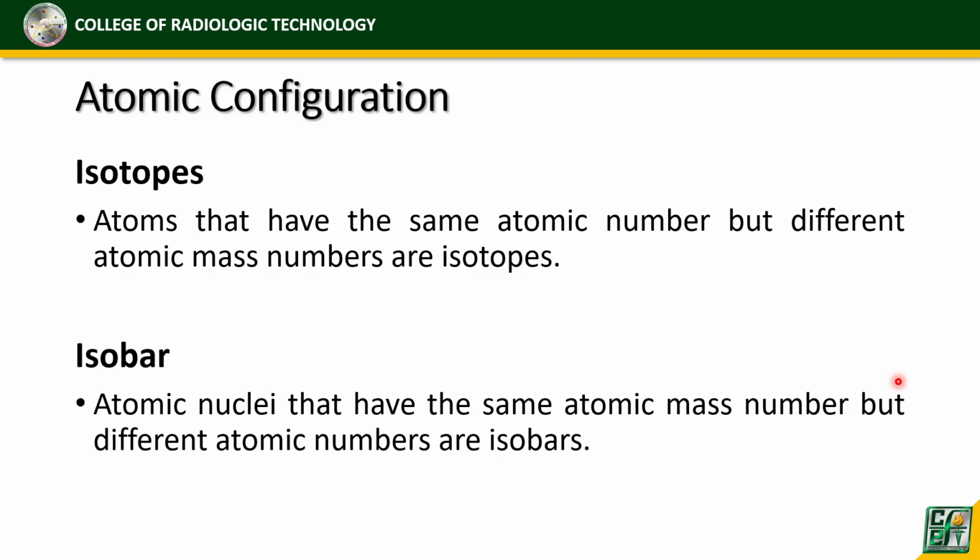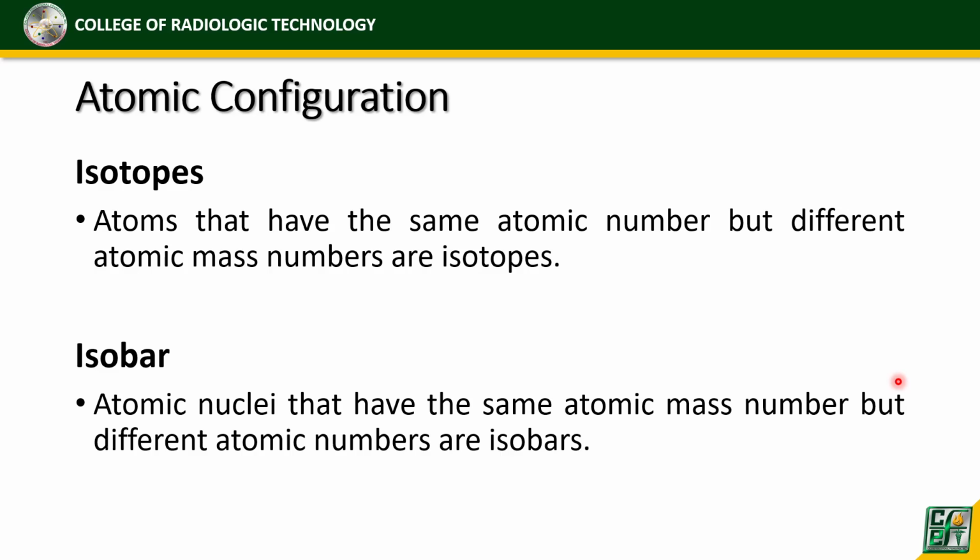Atomic configuration. So isotopes, as we said earlier, are one of the atomic configurations and commonly used in nuclear medicine. Isotopes are atoms that have the same atomic number but different atomic mass number.